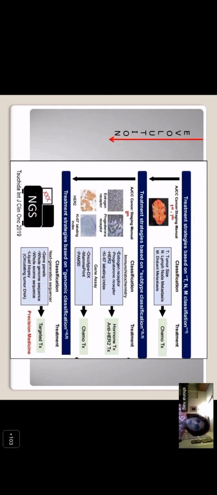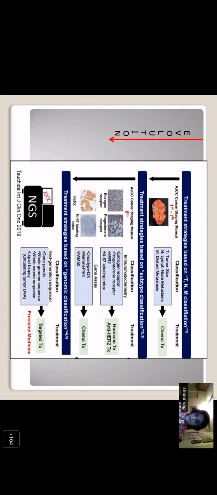Now, we've come a long way for breast cancer. We started with the AJCC staging, first to seventh. We looked at tumor size. We looked at lymph node metastasis, distant metastasis. We then went to the 8th edition, which for the first time included estrogen and progesterone receptor, the HER2 receptor, and Ki67.